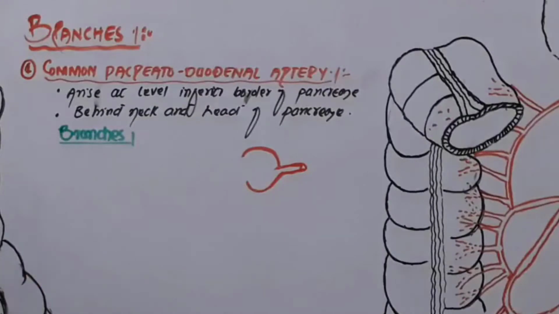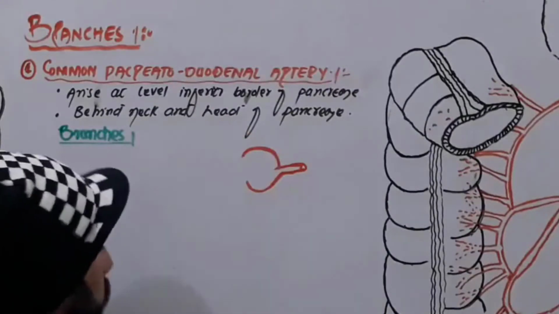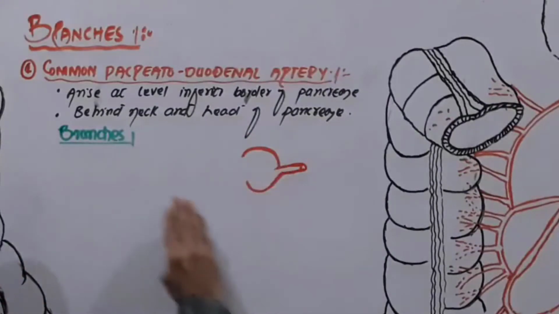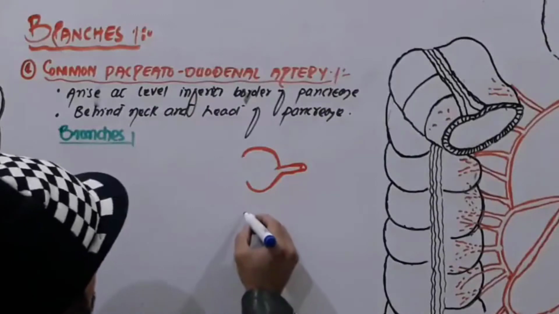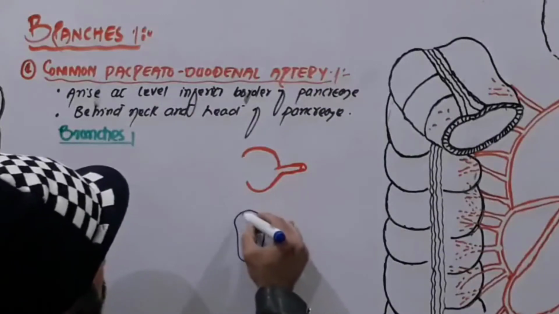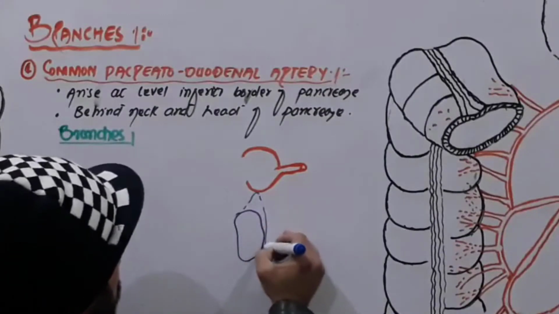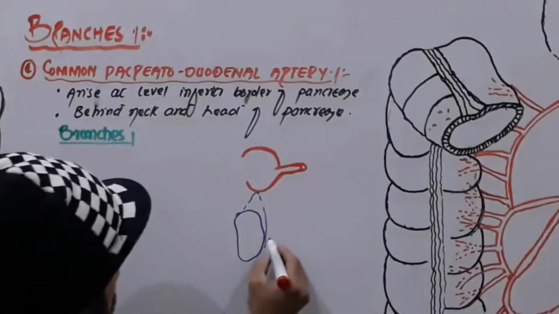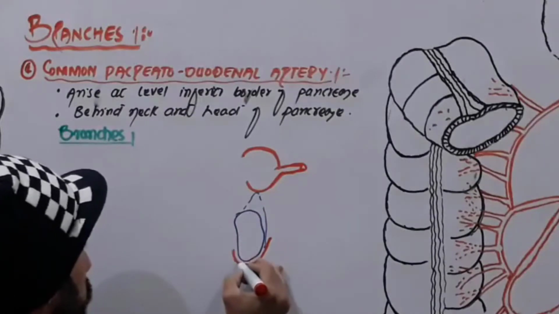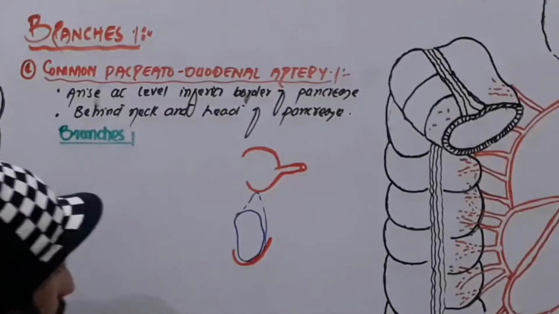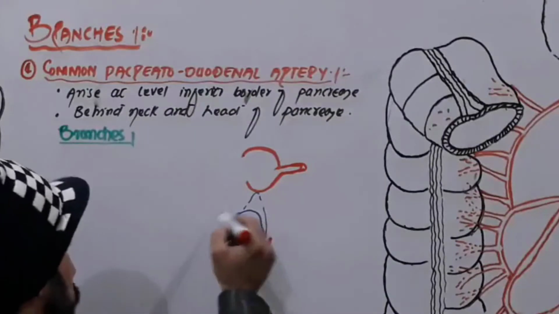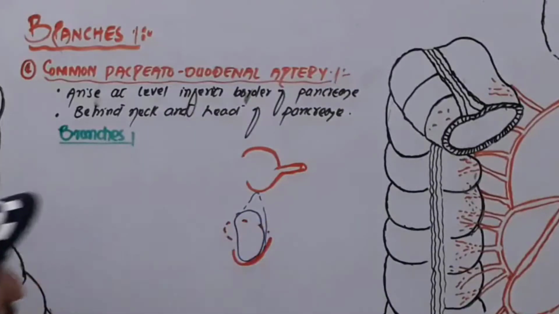Clear friends? So one branch comes to the anterior side of the pancreas, and one branch goes to the posterior side of the pancreas, the head of the pancreas, right? So if we make the pancreas here, this is the head of the pancreas, and you know other parts there. So there will be an anterior pancreato-duodenal artery, and there will be a posterior pancreato-duodenal artery.